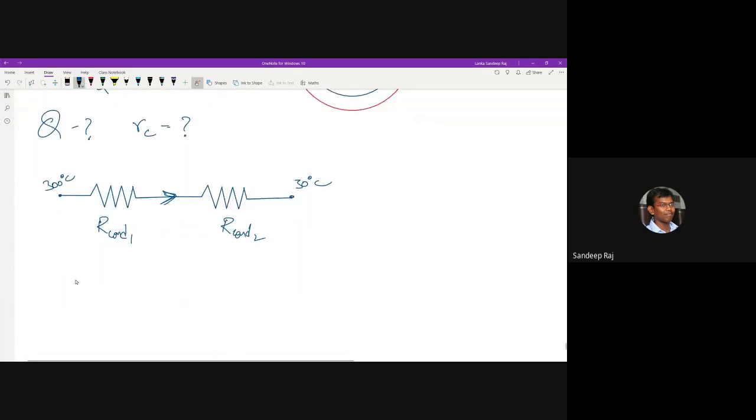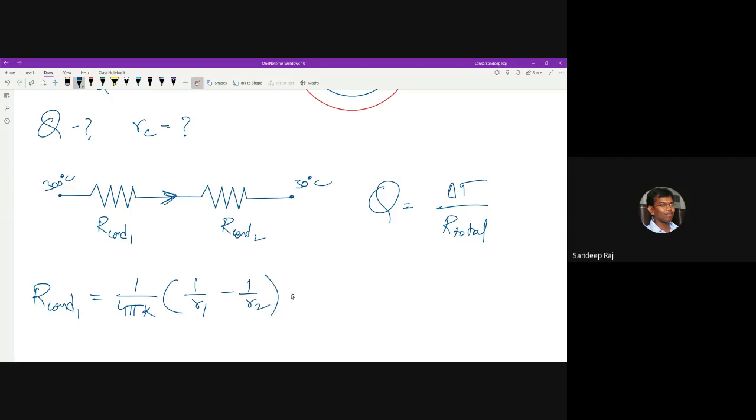If you want to write Q here, Q is equal to delta T by R total. First one is R conduction one, which is equal to 1 by 4 pi K into 1 by R1 minus 1 by R2. That is equal to 1 by 4 pi.